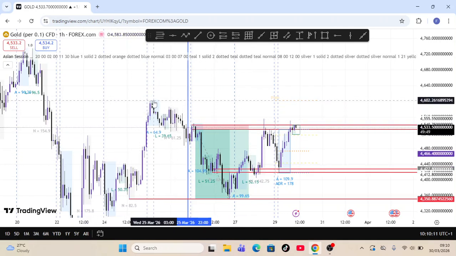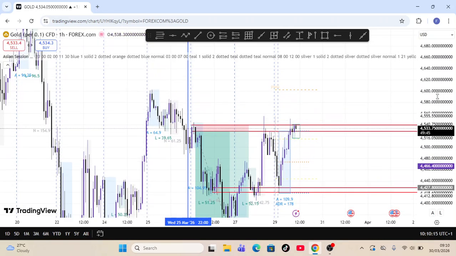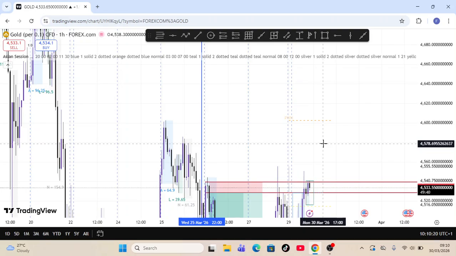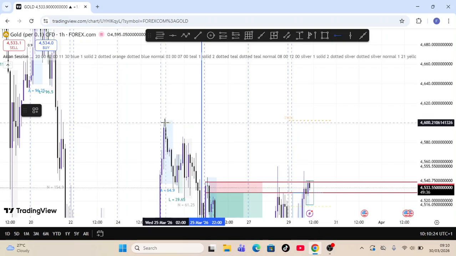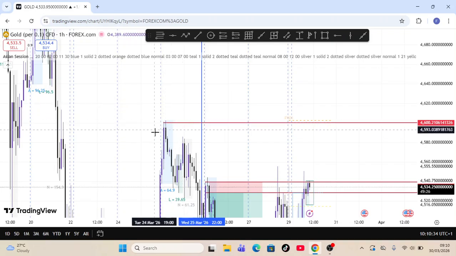And you can see this place too. You will be able to get a trade over there. This strategy is very simple. You can see week to week sweep over here.